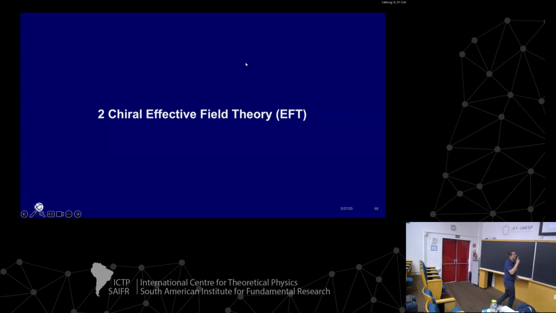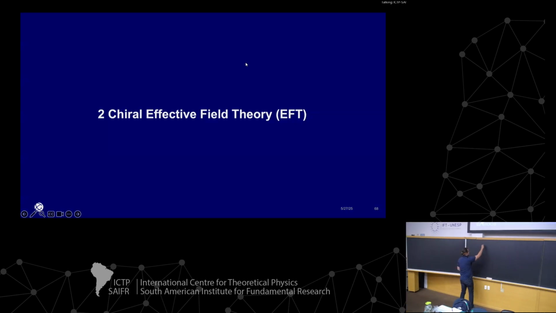I will talk about this in a little while, but sorry, let me make it bigger. So if these are your mesons, okay, that's better. So if you have your mesons, that would be a two-meson exchange.